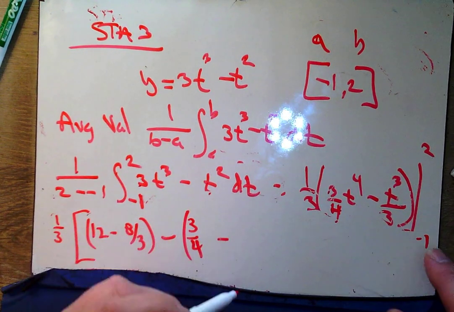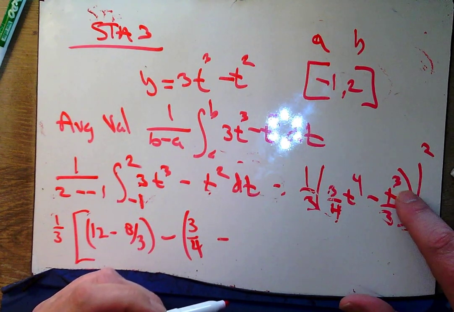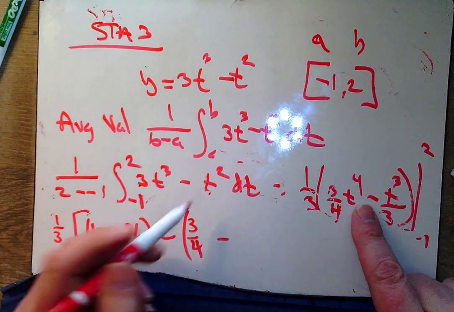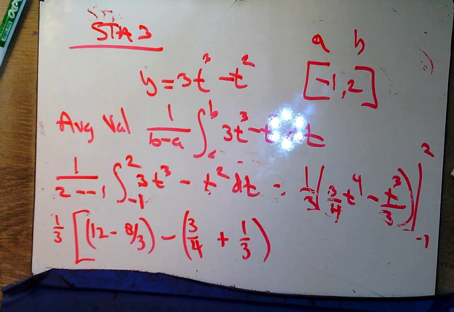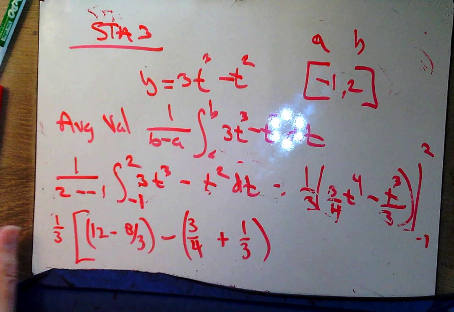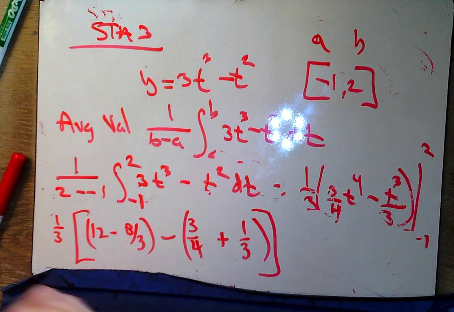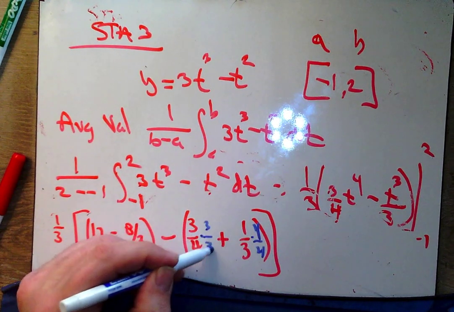And then minus, plug in a negative 1 here. Negative 1 times negative 1 times negative 1 is negative 1/3 behind this minus. So we're going to have plus 1/3. Okay, so we can make a common denominator. Yep, I'm so close to the right answer, but really not close enough.